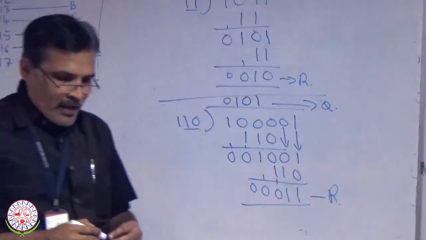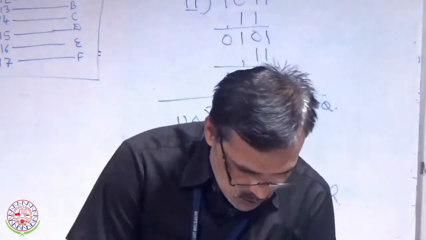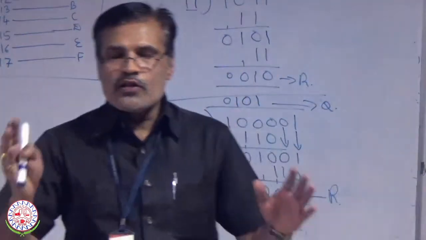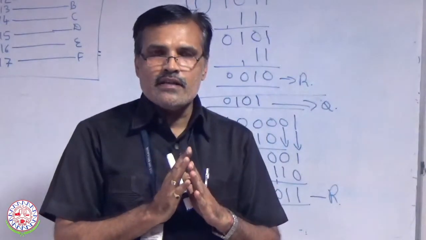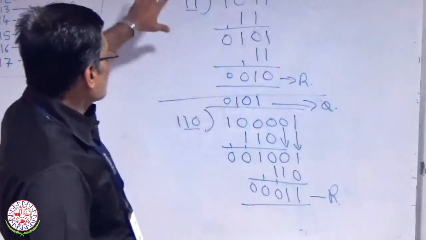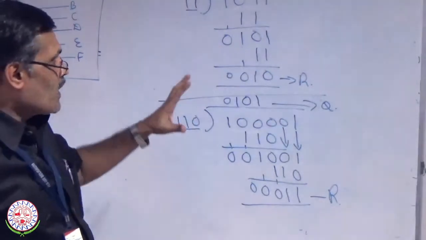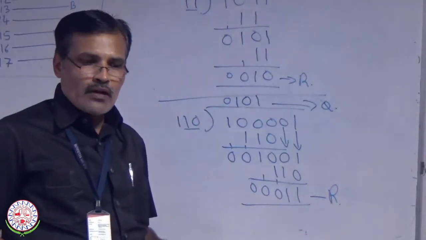In binary arithmetic, we need to follow the same rules that we have used for decimal arithmetic. Okay. So these are the 4 types of binary arithmetic operations which are popularly used.